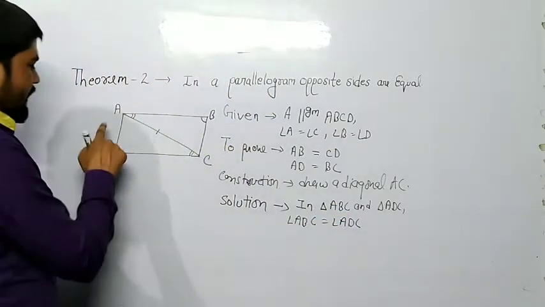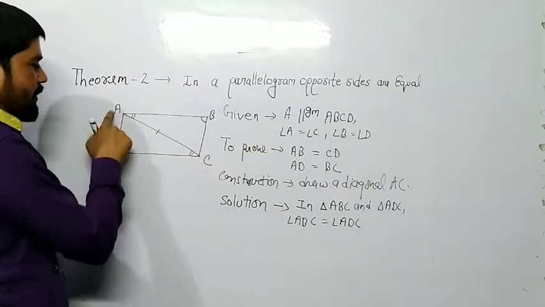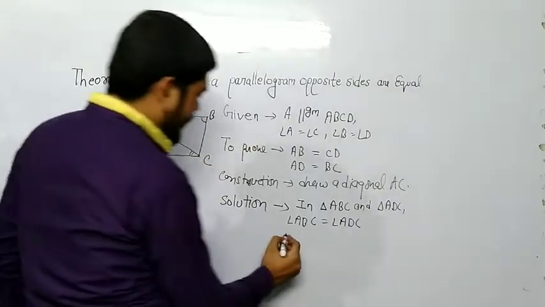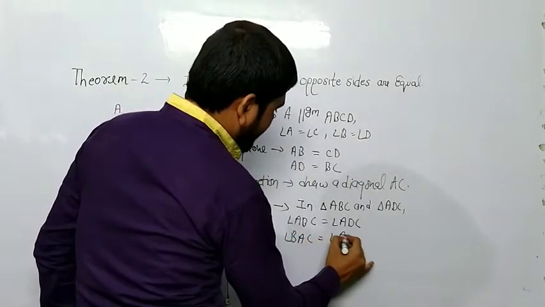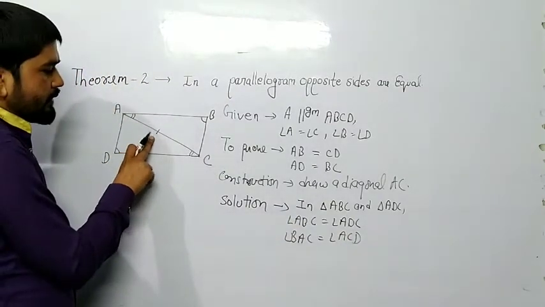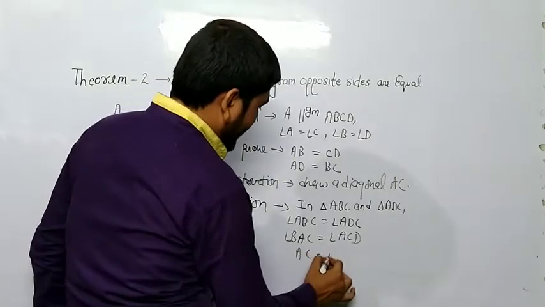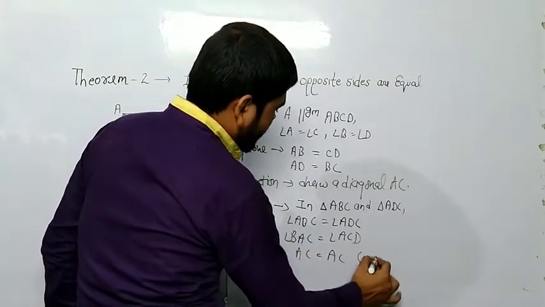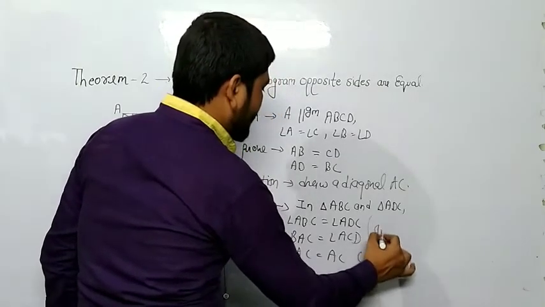Second one: angle BAC is equal to angle ACD. Okay. Now, for this triangle AC is equal to AC. That is common. Okay, and these two things are given to us.